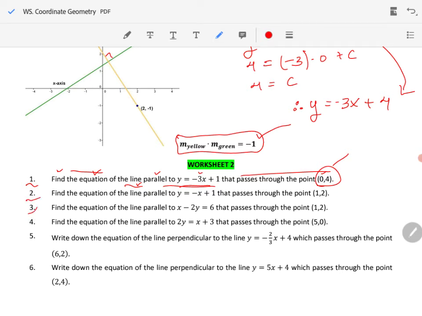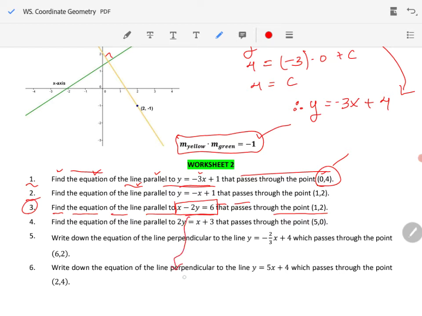How about number 3, mister? Look at the question. Find the equation of the line parallel to this that passes through the point. The first thing, you need to learn the equation. Mister, this is not y as the subject. How to change y to be the subject? It's simple.